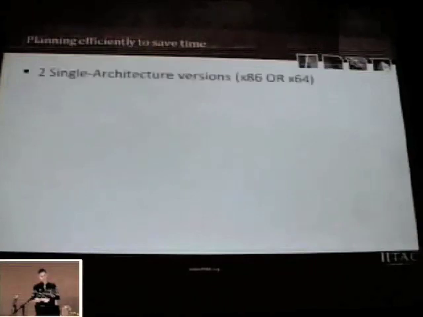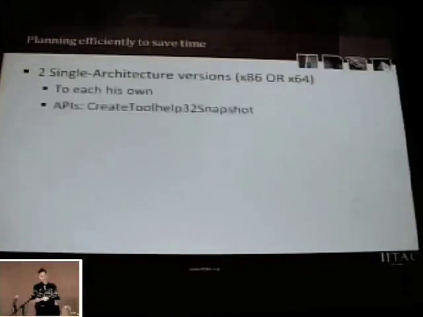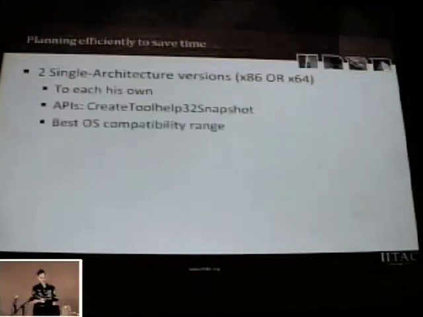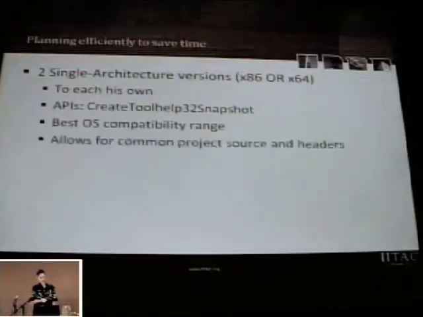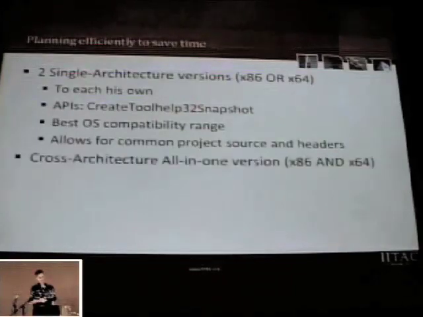So let's see, planning efficiently to save time. Two single architecture versions, x86 or x64, to each his own. The API used was create toolhelp 32 snapshot for the best OS compatibility range. It allows for common project source and headers. Also, a cross-architecture all-in-one version that is for x86 and x64.